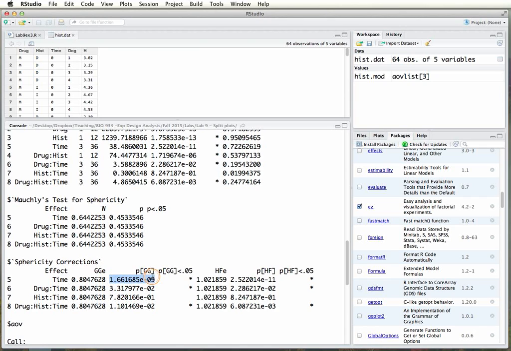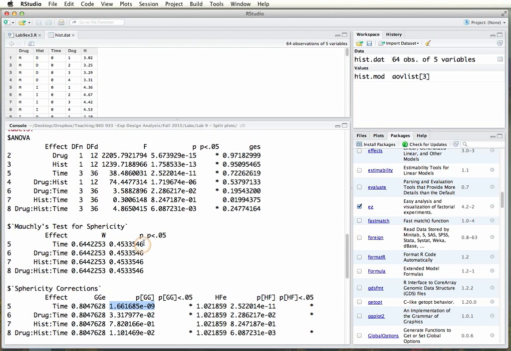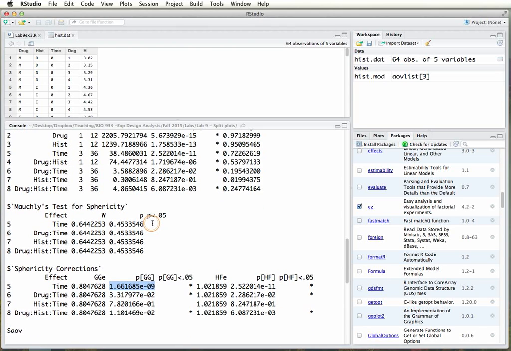You would say that there was an effect of histamine level, an effect of drug. But of course, you would bypass all of those statements because what we're really seeing here is that the two-way interactions of drugs with time, the two-way interaction with histamine and time, and the three-way interaction are all highly significant.